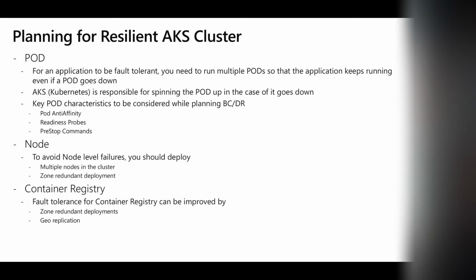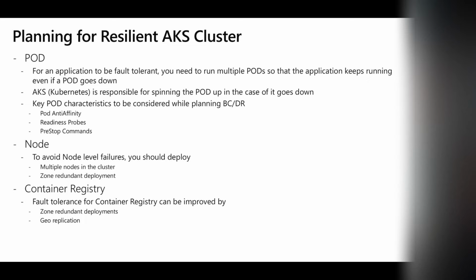So you can have multiple nodes in a cluster just to make sure that there are enough nodes to support your application, and you can do a zone redundant deployment to make sure that if one of the zones goes down, or one of the data centers in a zone goes down, your application still stays afloat. Okay, so that's how we address that.